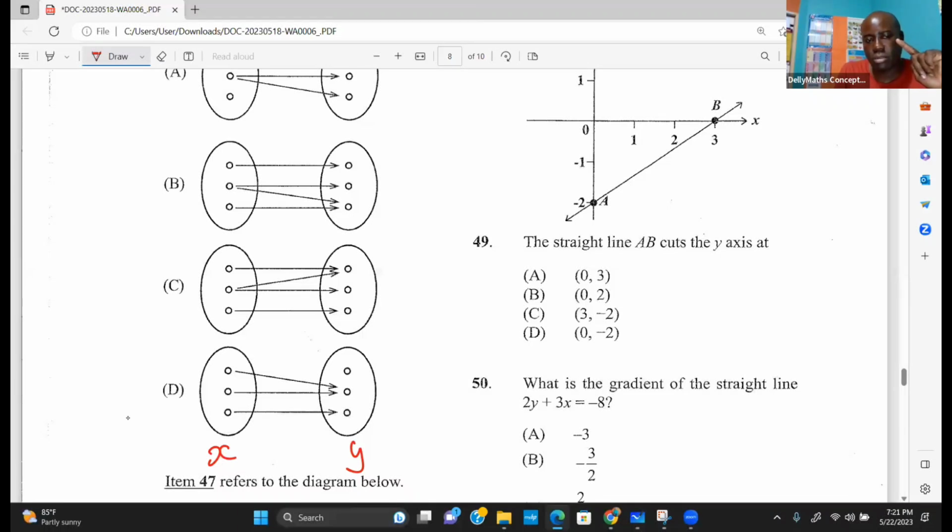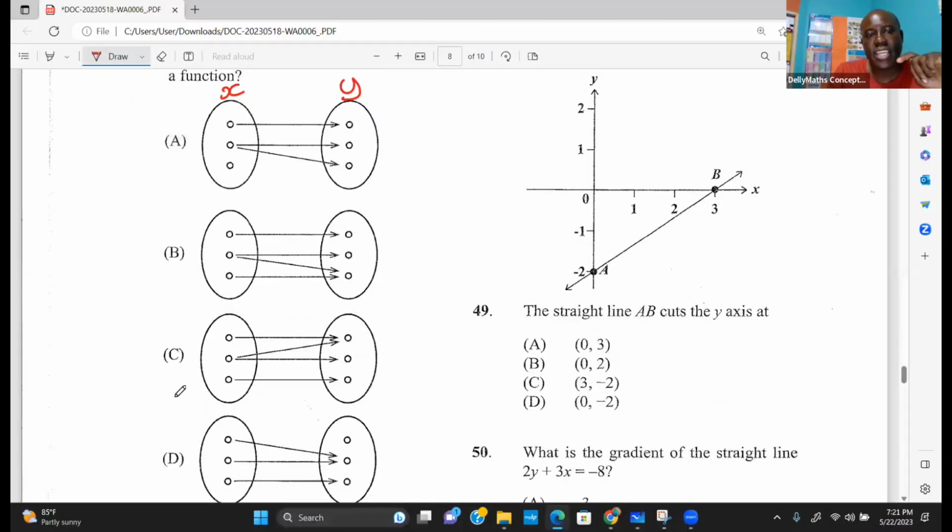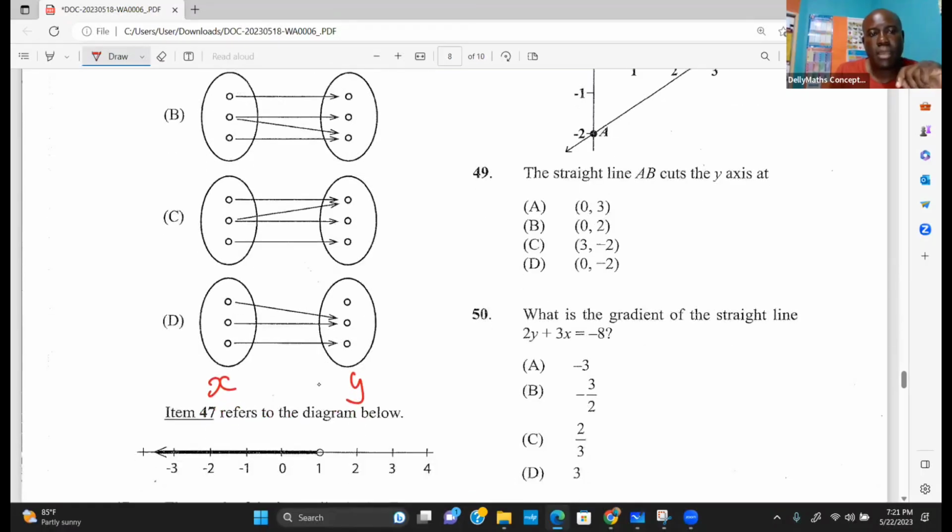So if you're seeing one X value goes towards two Y values, it's not a function. I'm seeing one X value goes towards two, not a function.